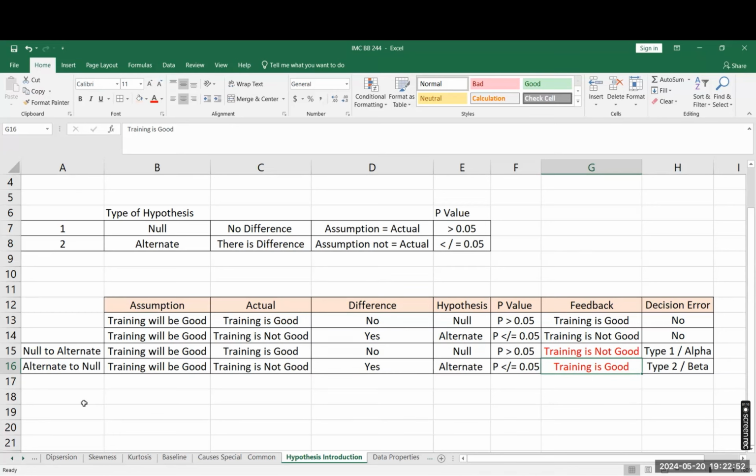In case we are making a decision error, it may be type 1 or type 2. Type 1 will be when there is a null hypothesis, but you are telling it's an alternate. And type 2 will be when there is an alternate hypothesis and you are saying no, it's a null. Question, people?